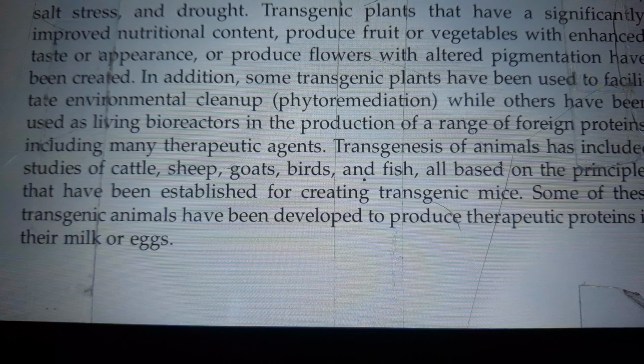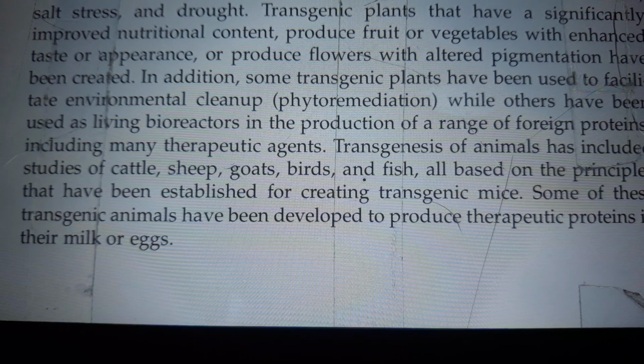A number of transgenic plants have been engineered to be able to overcome a variety of biotic and abiotic stresses, including insect predation, viral infection, herbicides, pathogenic fungi and bacteria, oxidative stress, salt stress, and drought.